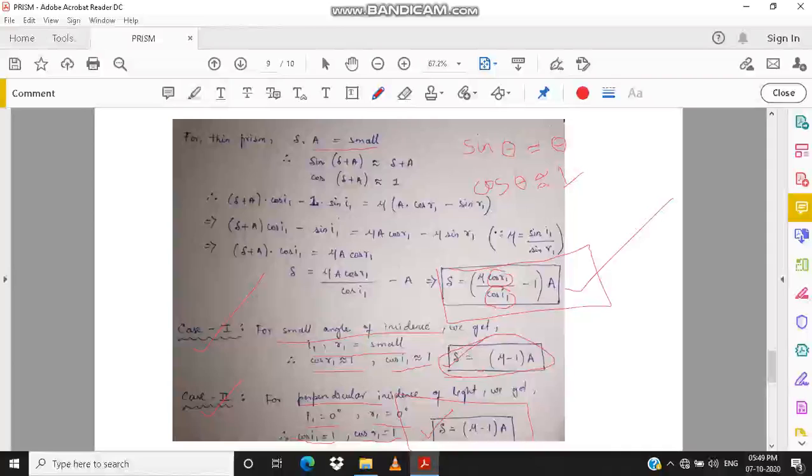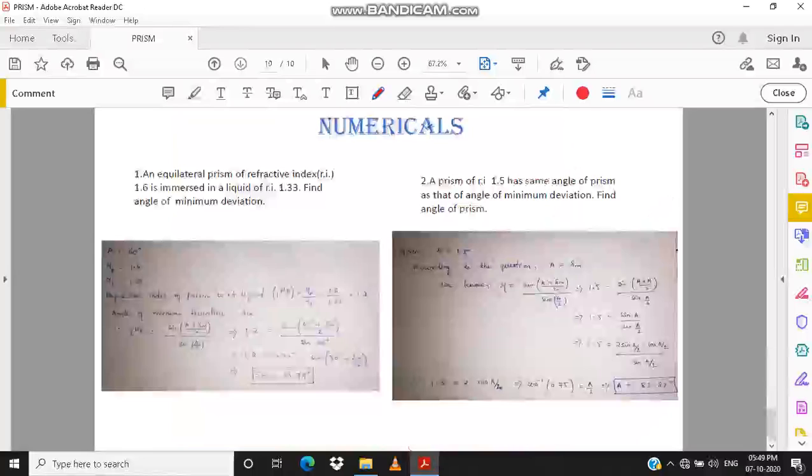Now we will be getting to our next topic, that is numericals. What is question number 1? Question number 1 is, an equilateral prism of refractive index. What is an equilateral prism? An equilateral prism is a prism whose all sides are the same.